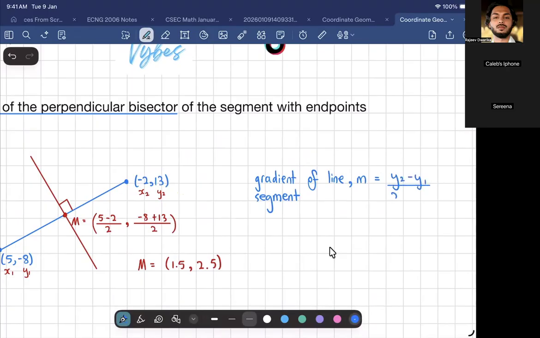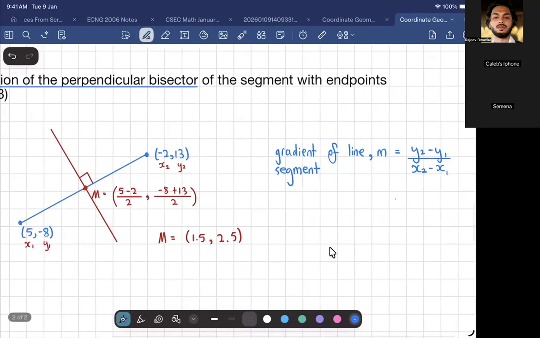We have already labeled, so you tell me what to write. 13 minus negative 8, over minus 2 minus 5. Right, so let me just verify that. So y2 minus y1, then x2 minus x1, yeah.